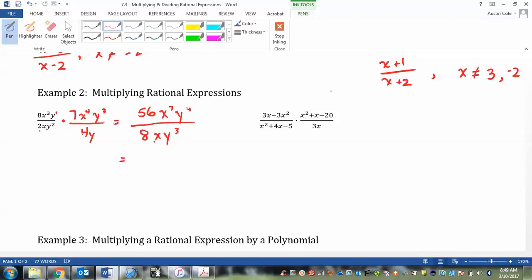I think 0. If I plug 0 in here, 8 times 0, aren't we multiplying all three of these things? Okay, so if x is 0 and I multiply by 0, that's not good. Same thing with y. If I plug in 0 for y, I'm going to get 0 in my denominator. Okay, so when I simplify this, in the end, I need to say that x cannot equal 0 and y cannot equal 0.